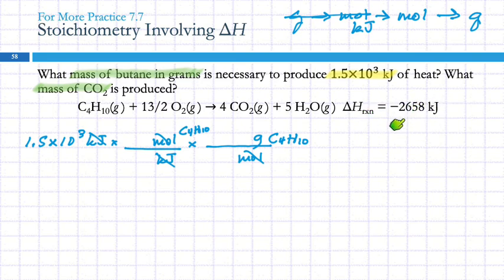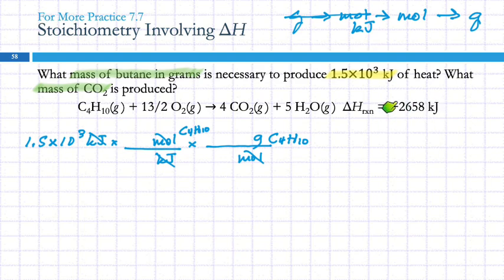My relationship between kilojoules and moles comes here. It's this many kilojoules per whatever the coefficient is, number of moles. What is weird about this chemical equation? It has a fraction in it.